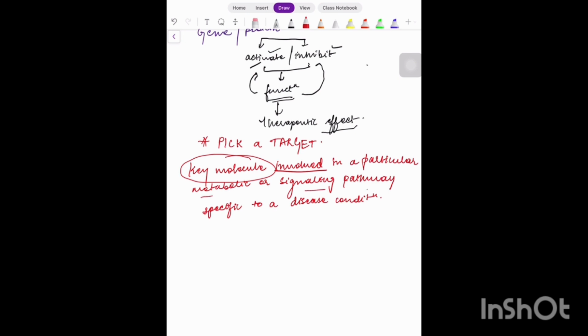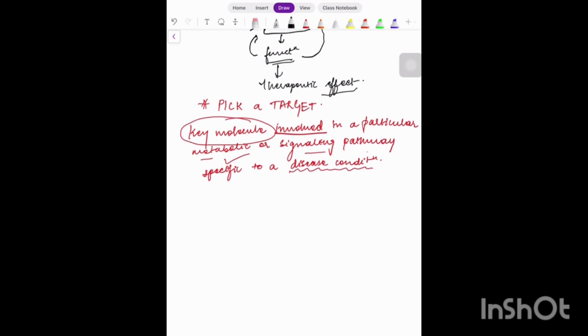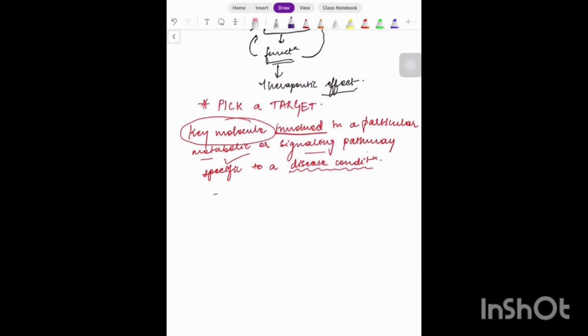It can be a receptor, a protein, an enzyme or enzymes for that matter, and it can be DNA or ribosomes. So it can be any of these.